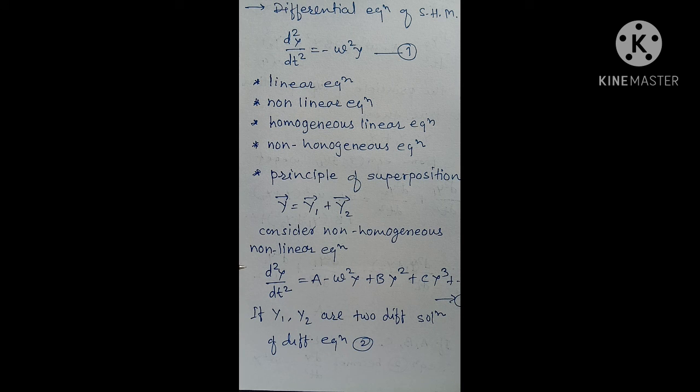Therefore, let's consider d²y/dt² = A - ω²y + b y² + c y³ + ..., where A, b and c are constants. Now here, y1 and y2 are two different solutions of this differential equation. Let this be differential equation number 2.